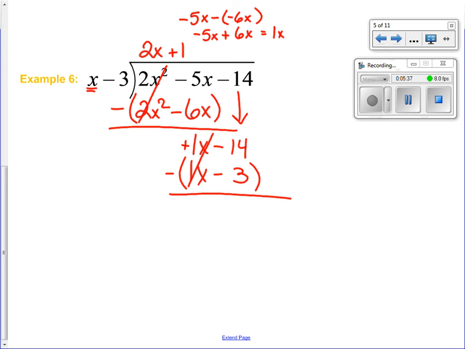And 14 minus negative 3 will leave us with negative 11. And I can't divide a constant by a variable, so my quotient will be 2x plus 1, remainder negative 11.